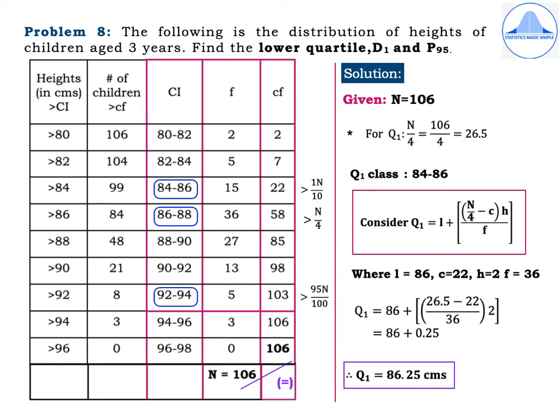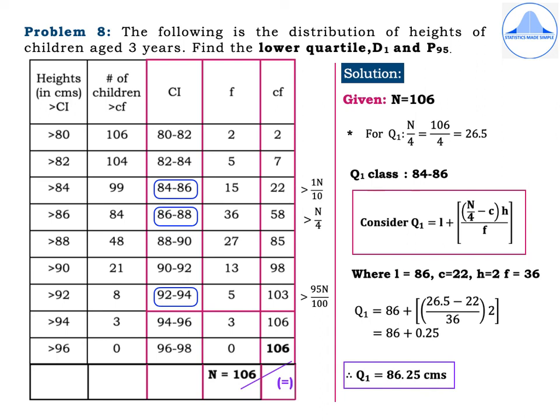The first step is to mark heights in centimeters as greater than class interval, number of children as greater than CF. Now we need to find out the class intervals, frequencies and the cumulative frequencies. The class intervals are 80 to 82, 82 to 84, 84 to 86, 86 to 88, which continues up to 96 to 98.